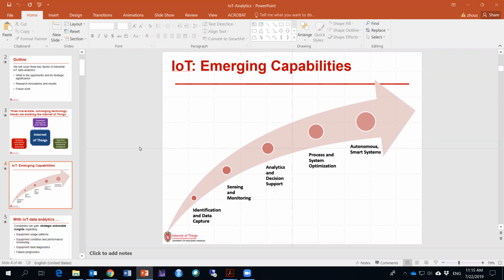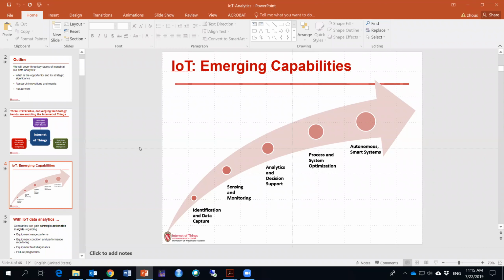At a very low level, we can collect the data from the in-field device and monitor the working condition of the device. So do the monitoring and the diagnosis to detect abnormal working condition. And in the intermediate level, using the data, we can make a prediction.